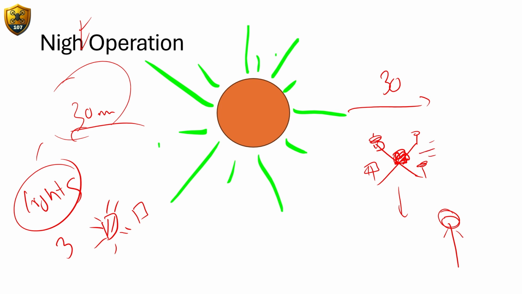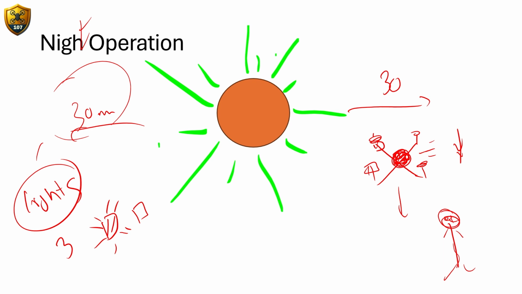Let's say that this light is so bright that it is causing difficulty for you to see the drone properly. In that specific case, in the interest of safety, you may decide to reduce the brightness of the light system. That is in the interest of maintaining safety.